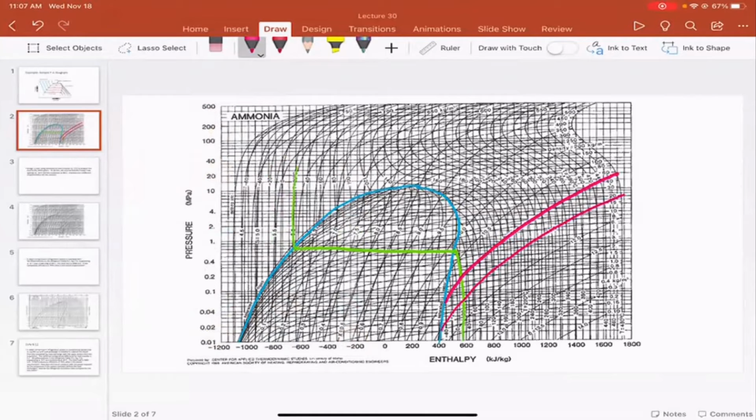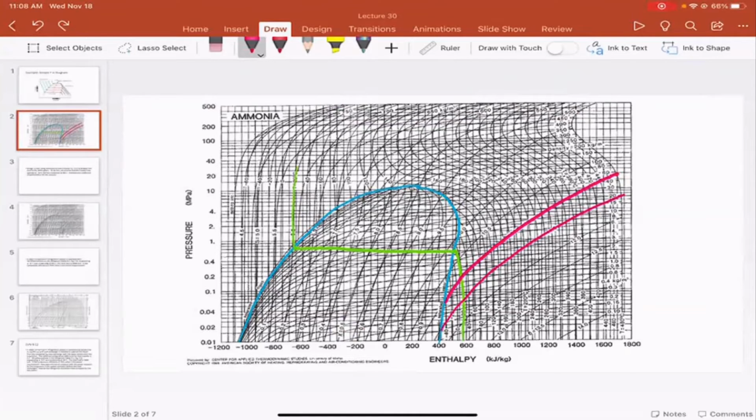Okay. And so on this curve, there's a lot of information. There's even the fraction of vapor, or the quality of the fluid. There's also lines of constant density, but those last two we don't actually utilize all that often, at least not when evaluating the performance of such a refrigeration cycle.